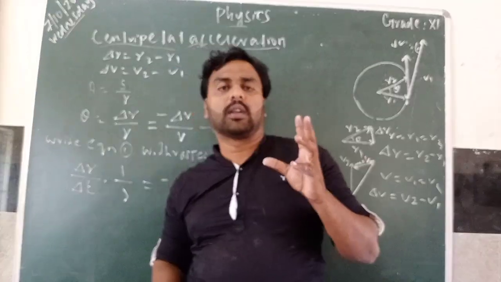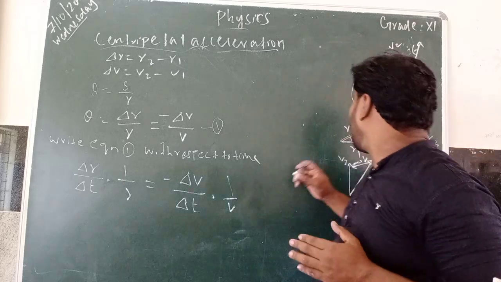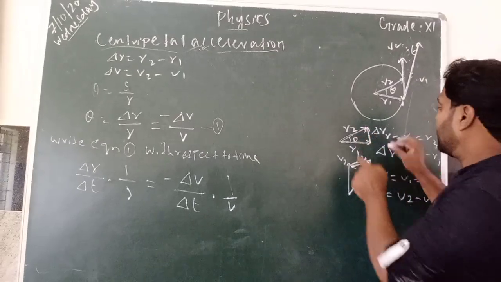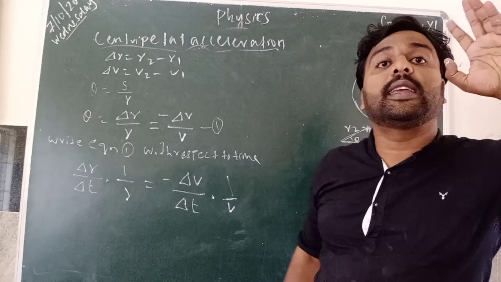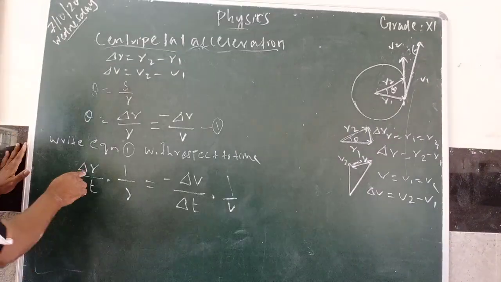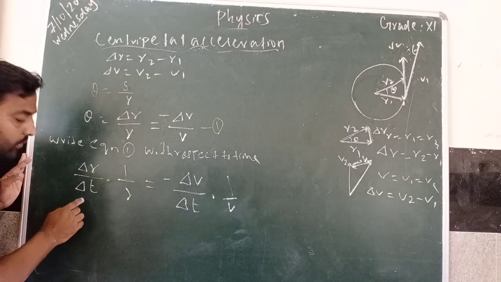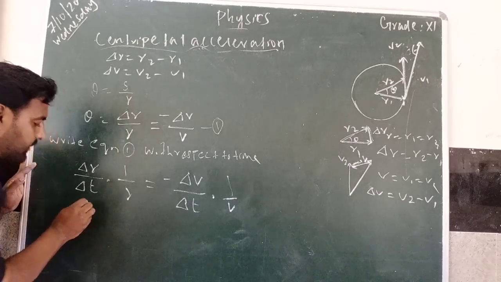Delta R means the change in position vector. You see, this is R1, this is R2. This delta R means the change in position vector, that is equal to the displacement. So displacement by time is velocity.